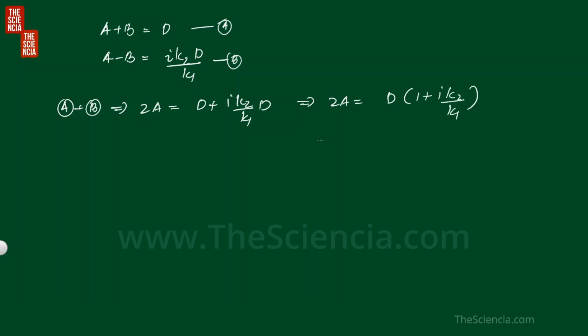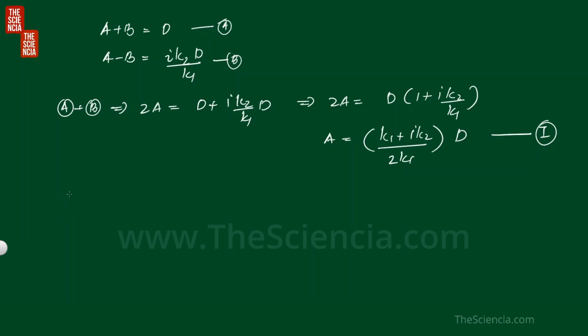Once again, we can rearrange this equation. So we will get a equal to k1 plus i k2 by k1 into d, and this 2 will come down. That is k1 plus i k2 by 2 k1 into d. So let us call this as 1.